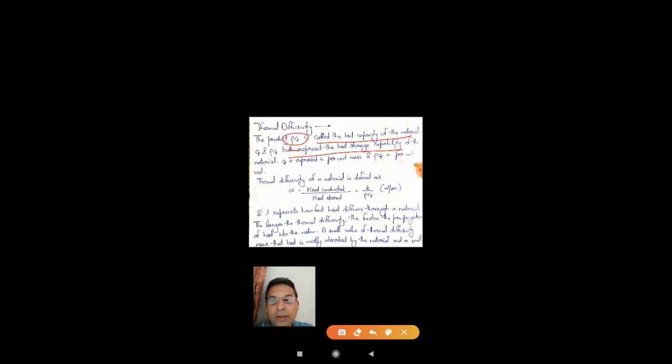Now, thermal diffusivity of a material is defined as heat conducted over heat stored. That means k upon rho into Cp, and its unit is meter square per second. It represents how fast heat diffuses through a material. That means in a medium, how fast the heat will diffuse.